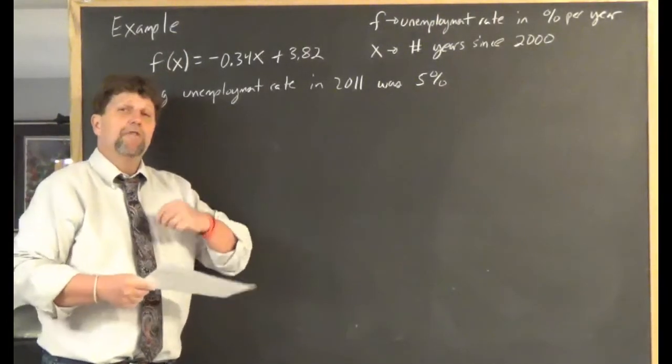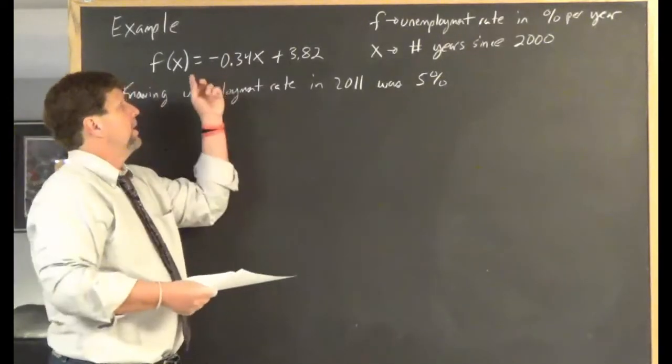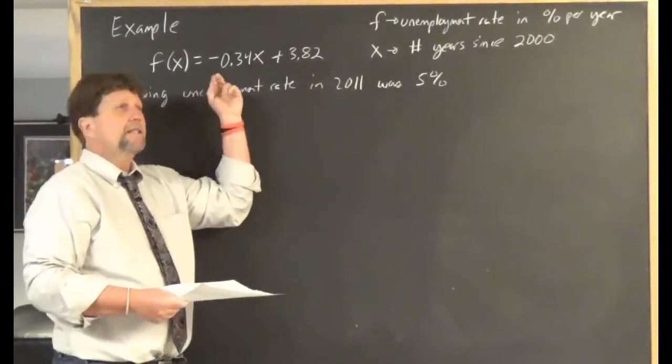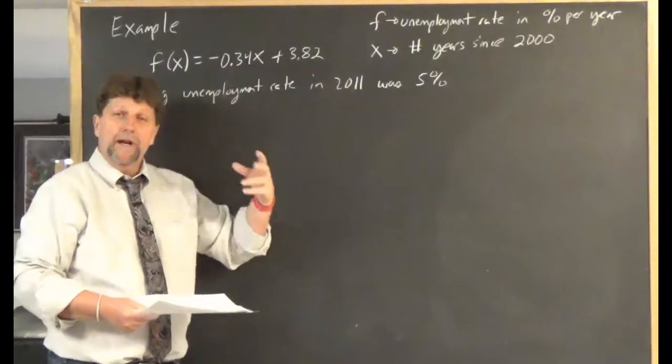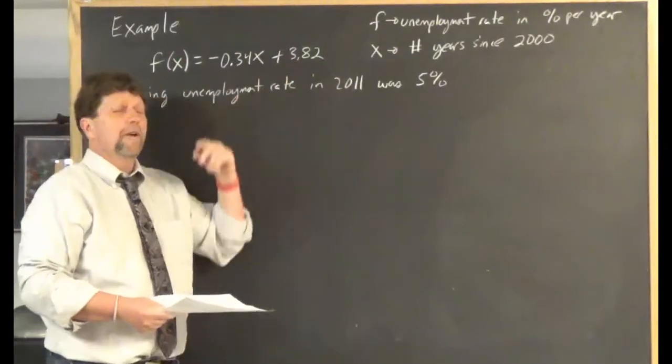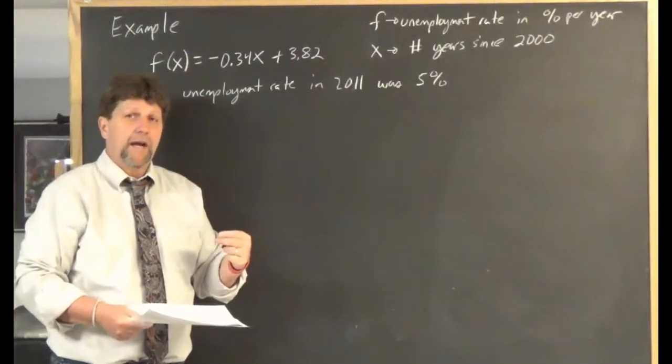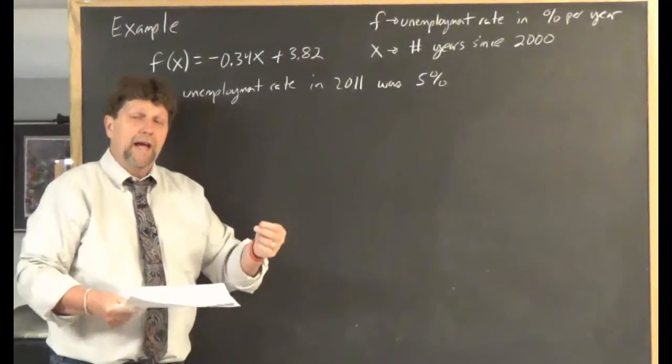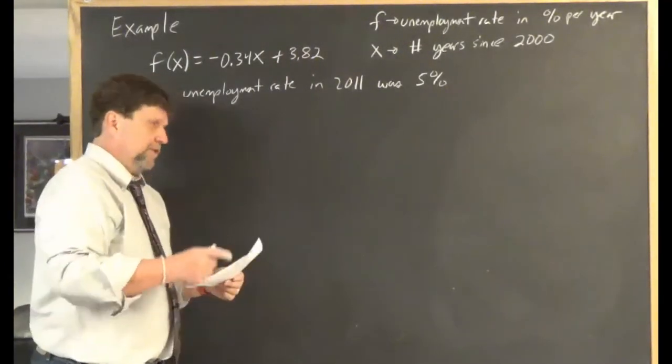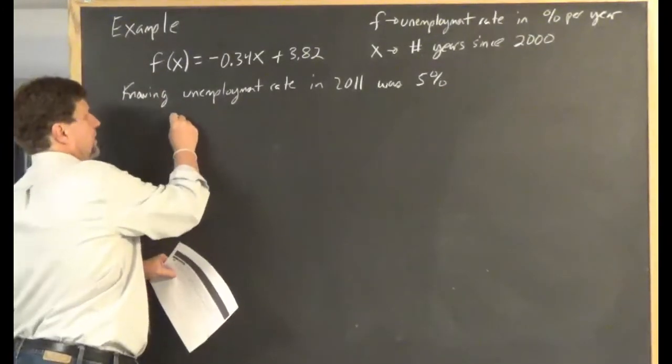So that means we have to undo this. This is a derivative. It's a rate of change function. This is a derivative for some function that models the unemployment rate. So to undo that, we integrate. So let me write that down.